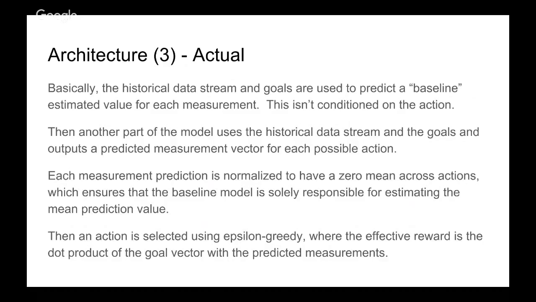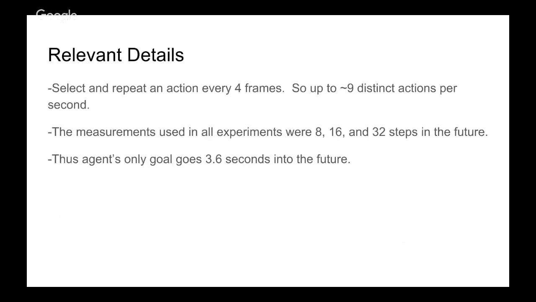And as I said before, the action is selected using epsilon greedy, which means that with a certain probability, the action is selected using the dot product of the goal vector with the predicted measurements, and with 1 minus that probability, a random action is selected.